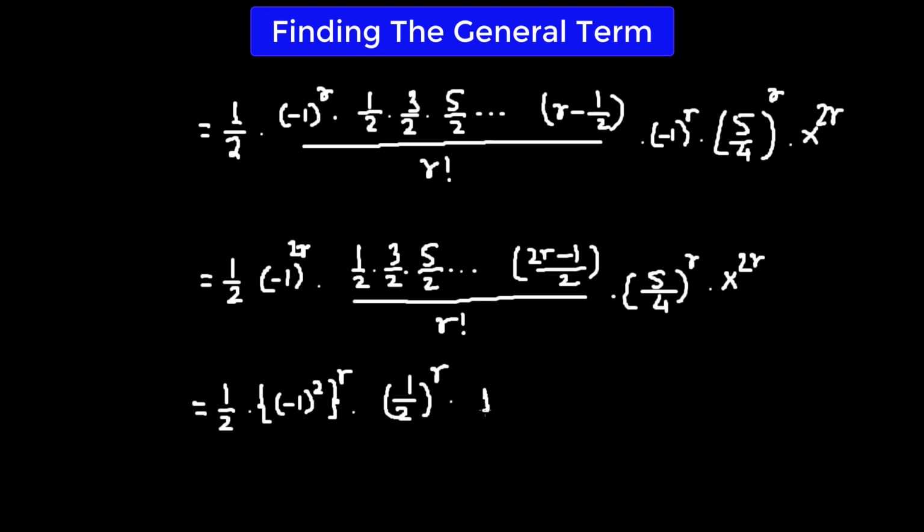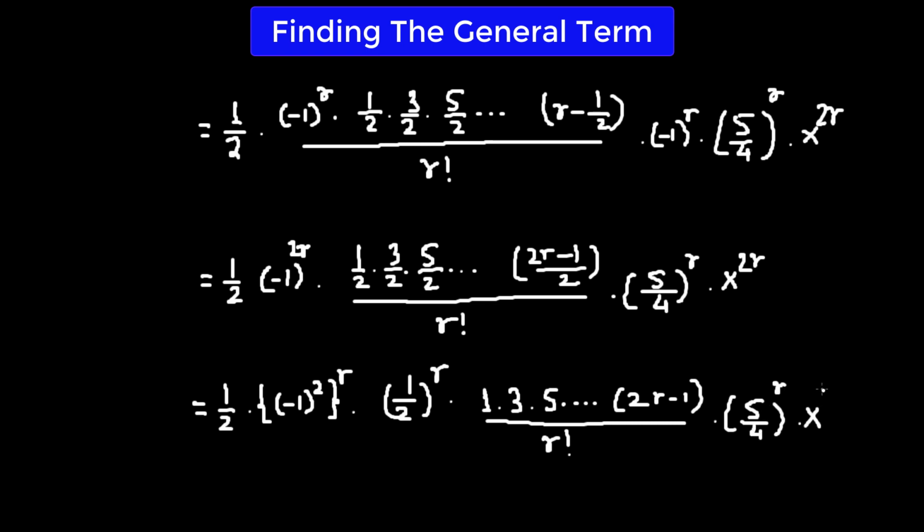Now we're left with only the odd terms, which will be 1, 3, 5 all the way up to (2r - 1), divided by r factorial times (5/4)^r times x raised to the power twice of r.